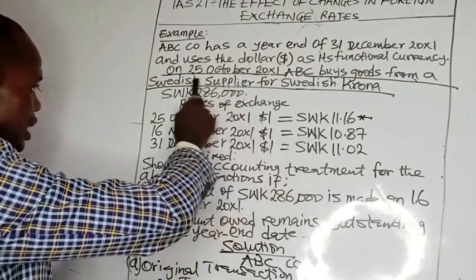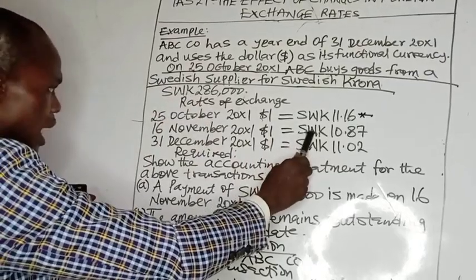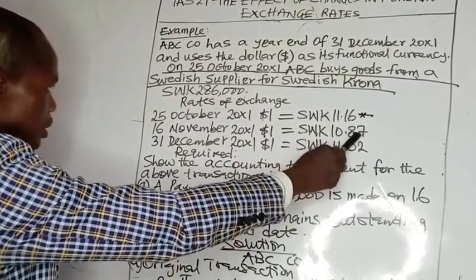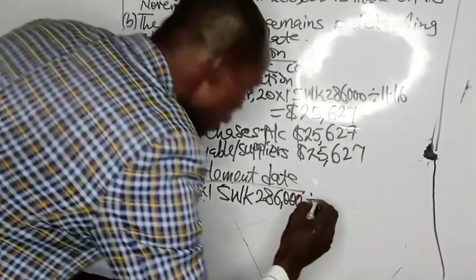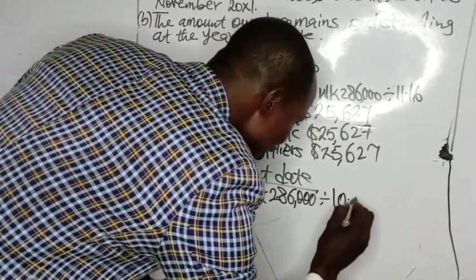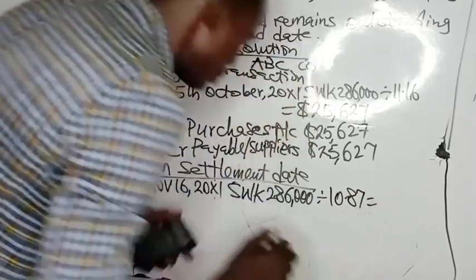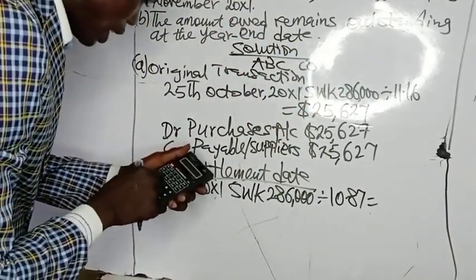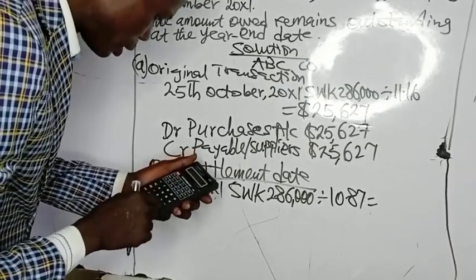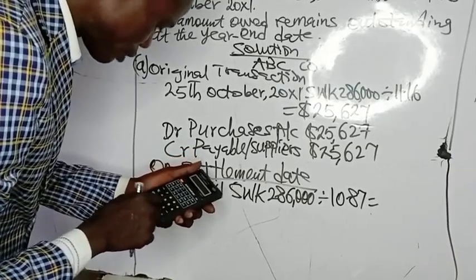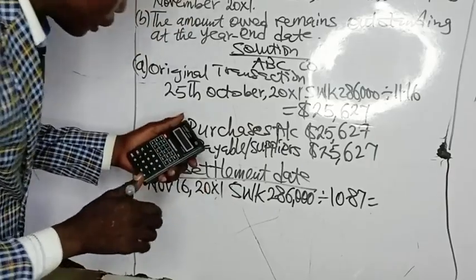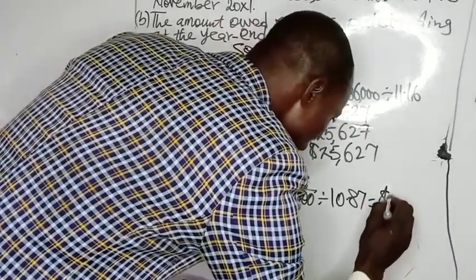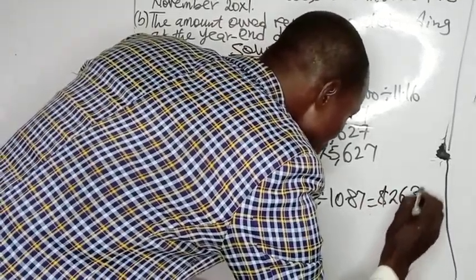So you divide. 286,000 divided by 10.87. So you have $26,311.